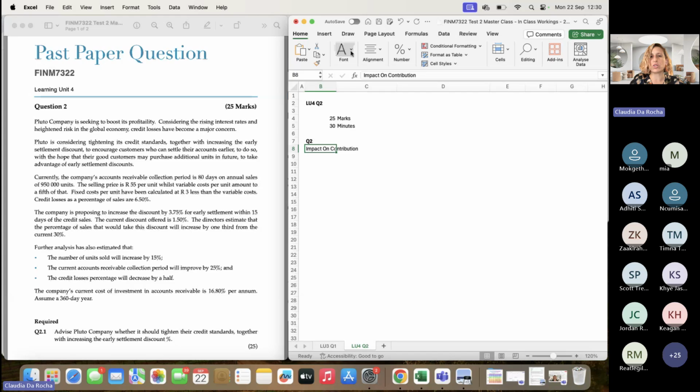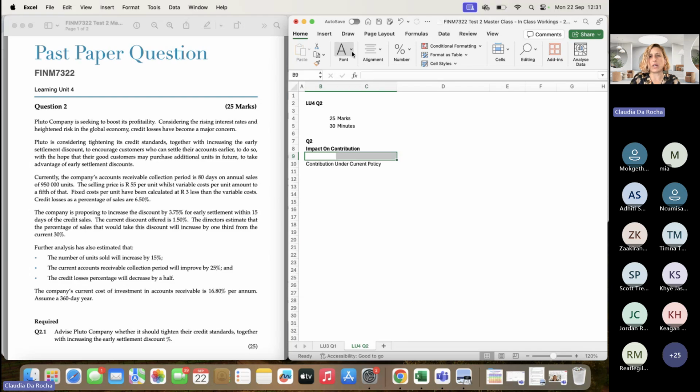Right, so impact on contribution. The first thing we're going to calculate is the impact on our current policy. So we start with what we have. So contribution under current policy. And if you want, you can do a little table. I know in my solution, I've done a little table.